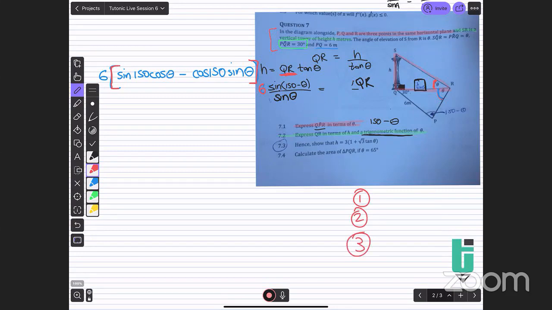I think the first one is quadrants. Yes. Then you must check the sign. Right. And then the third one?